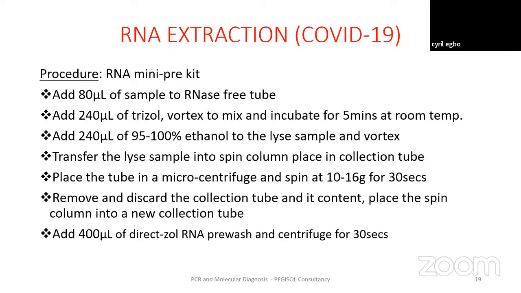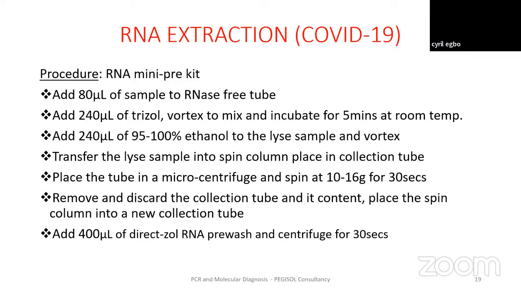So all you need to do is to put it in PBS to elute the cells into the liquid. Then you initiate your purification process for either DNA or RNA, as the case may be. But for COVID-19, we are focusing on RNA because it's an RNA virus.